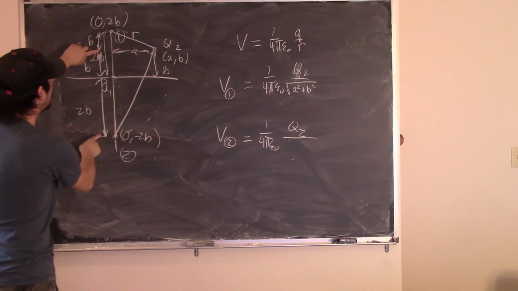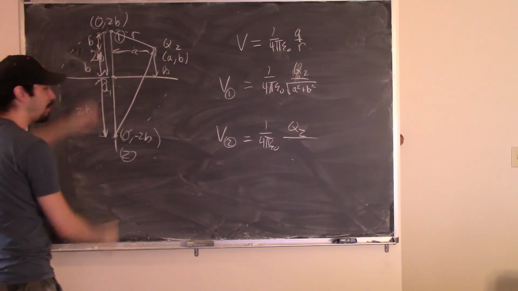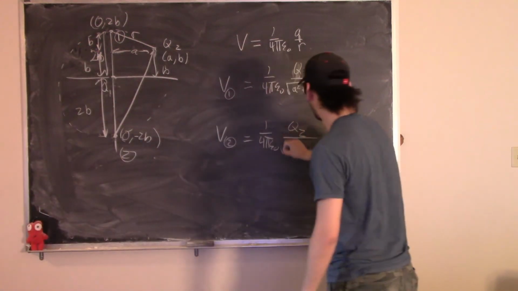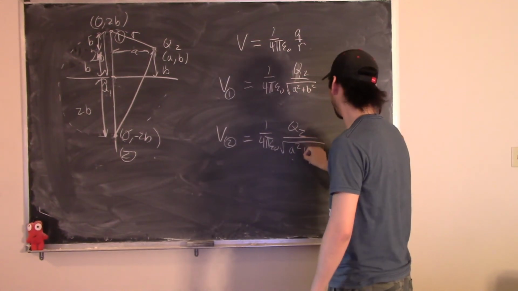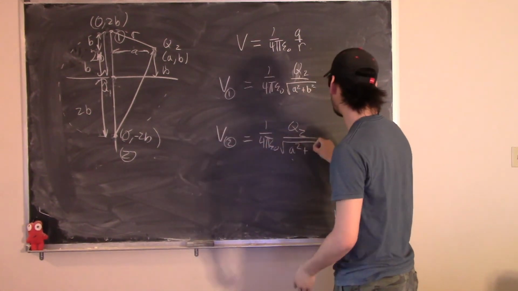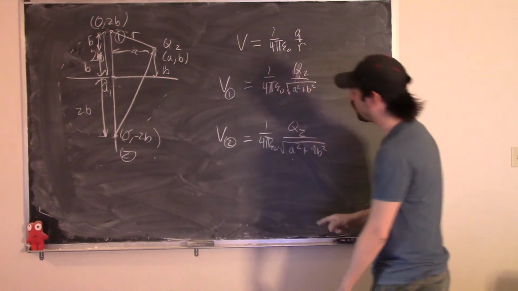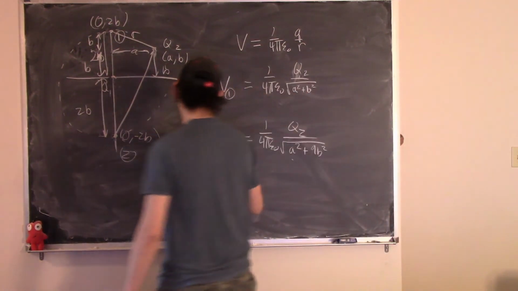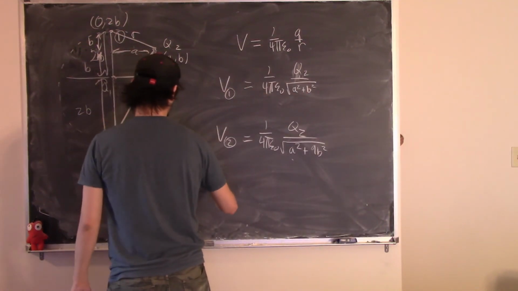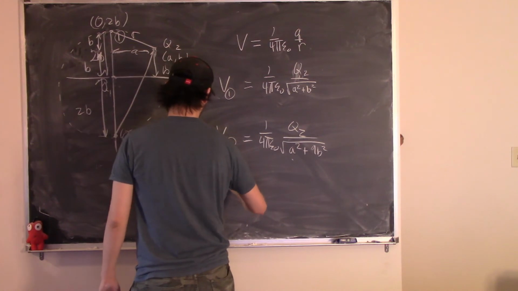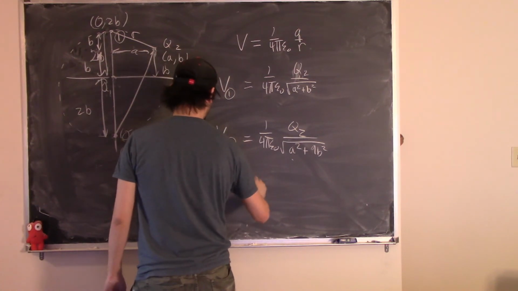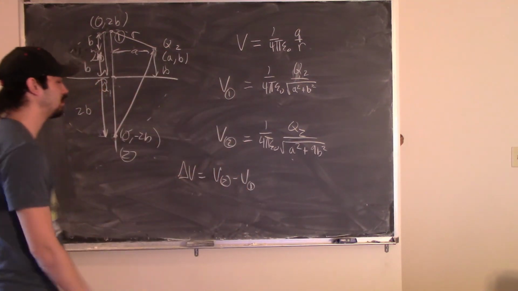So the total distance here is 3b. So this is the square root of a squared plus 3b squared, which is 9b squared. And now to find the difference in electric potential, we say that delta V is equal to V2 minus V1, and then we just take the difference between those.